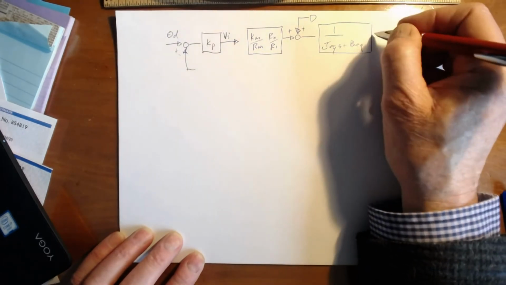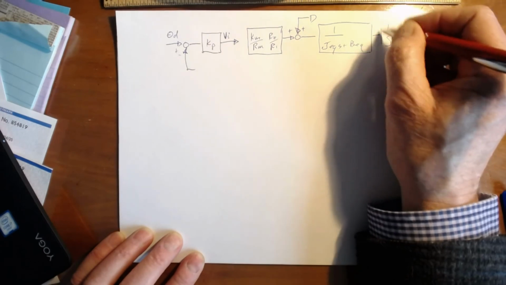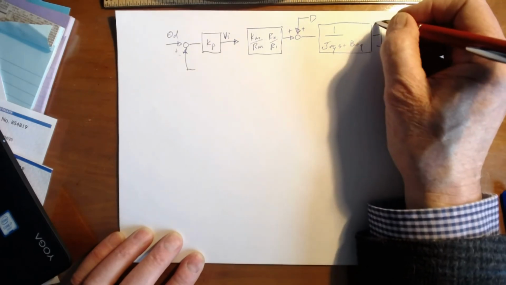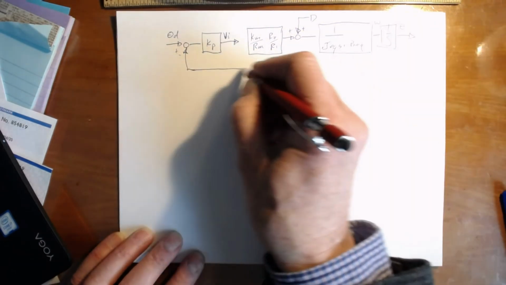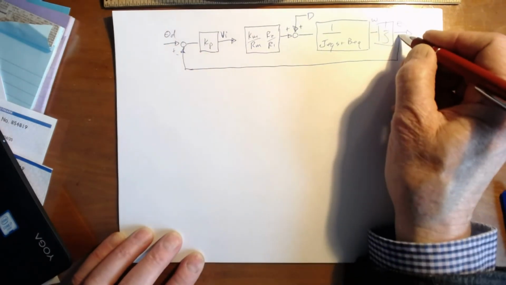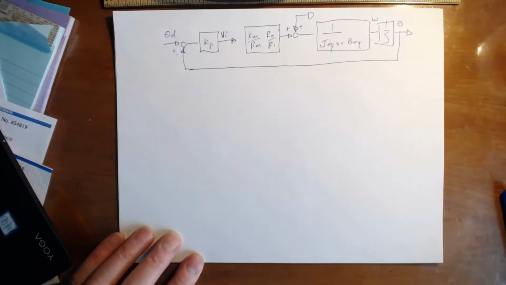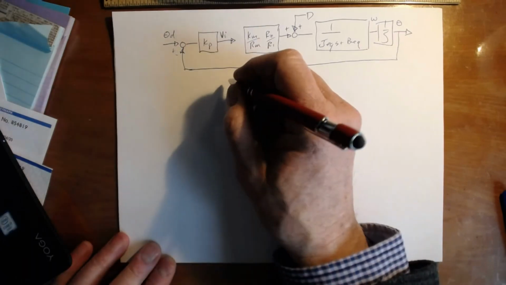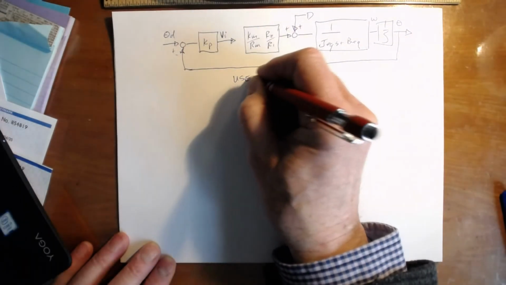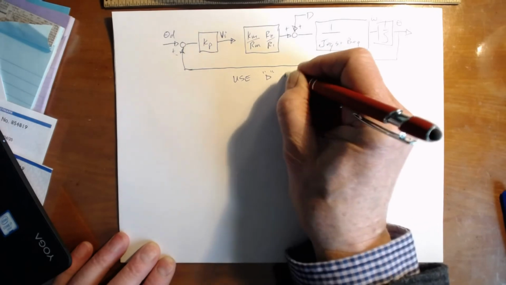I'm just going to break this up this way because I like to do it this way. 1 over S. This is omega. This is theta. And then we can close the loop. Now, I'm going to redraw this one more time. And this time, what I want is to use D as the input.